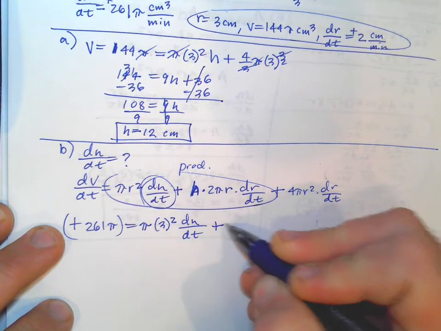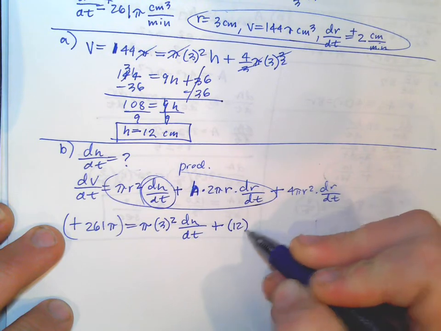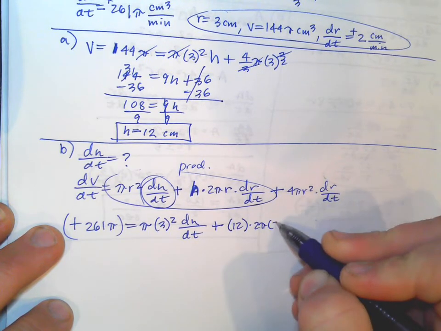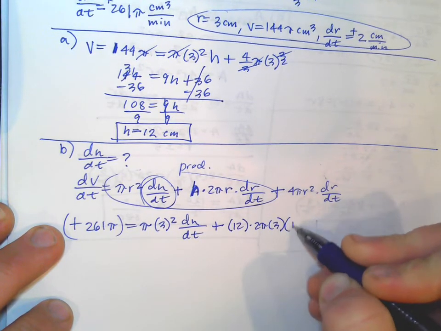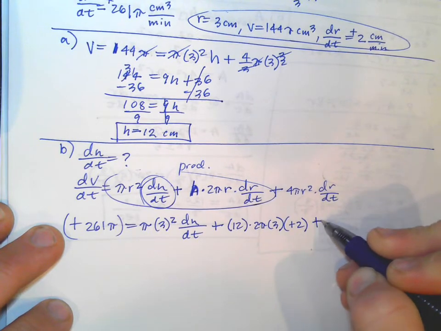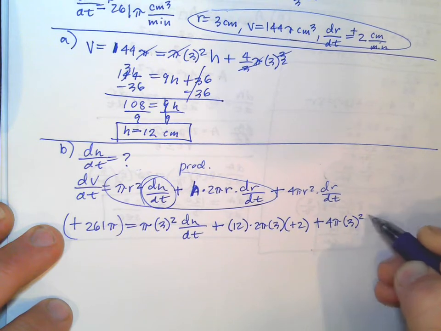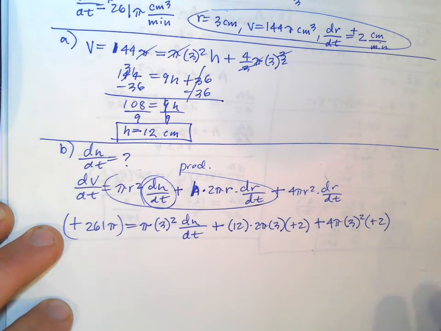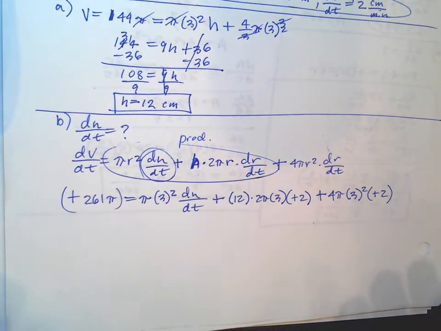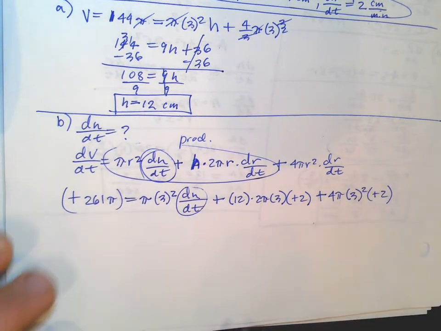And then h was 12, we just found that. R was 3. dr/dt was positive 2. So now we just got to solve for dH/dt.